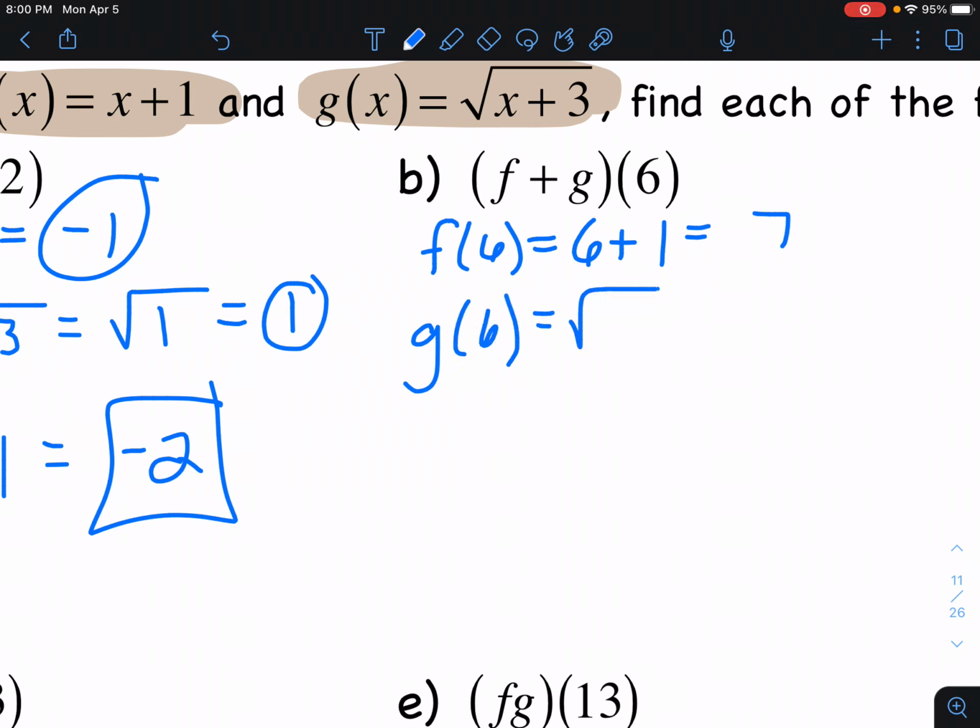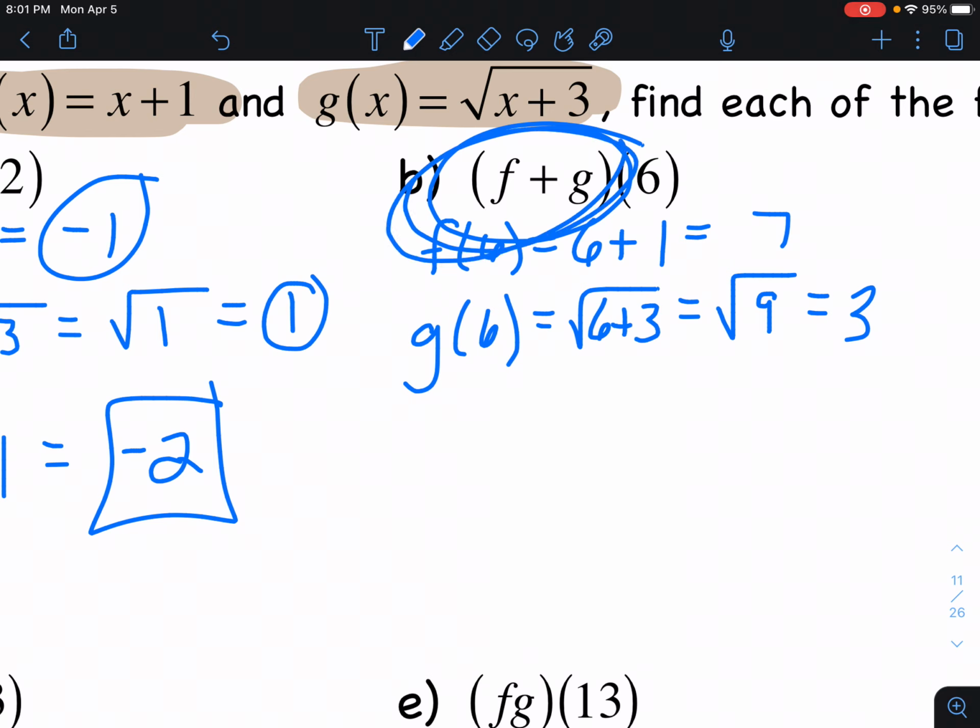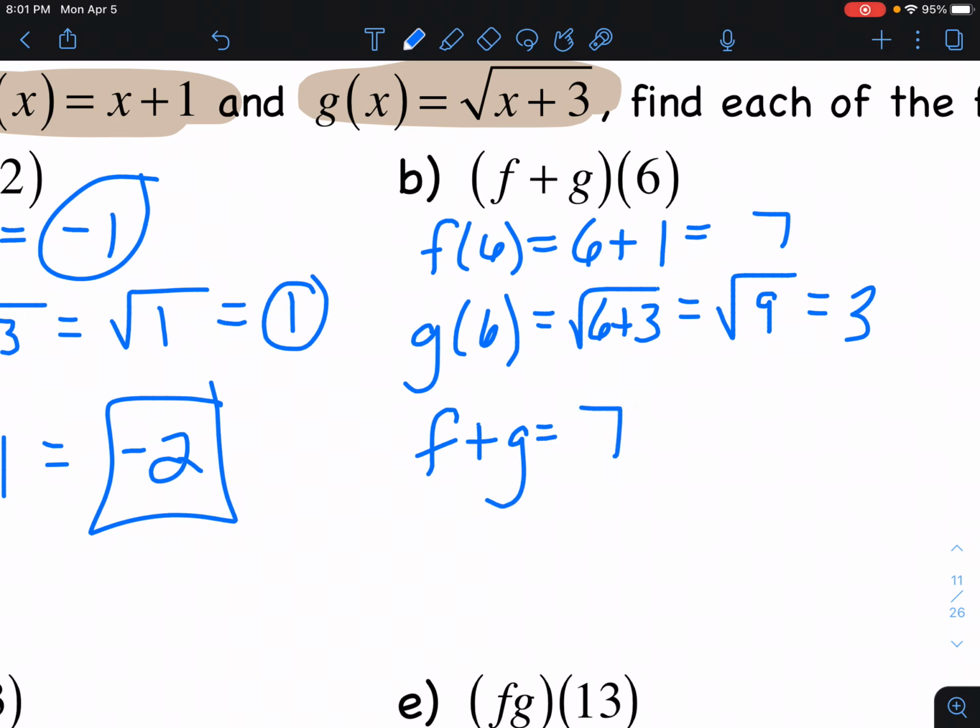That'll be the square root of 6 plus 3, which is the square root of 9, and the square root of 9 is 3. So back here it says f plus g. Now we're going to add those two results. f was 7, g was 3. Add them, and our answer to the new function is 10.